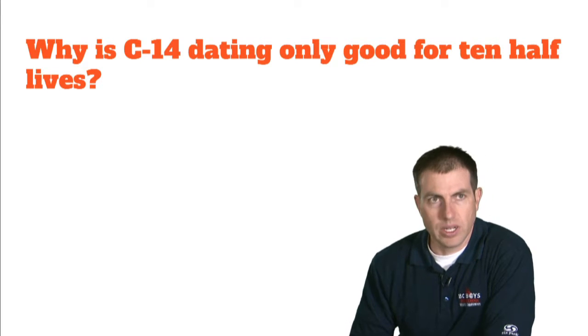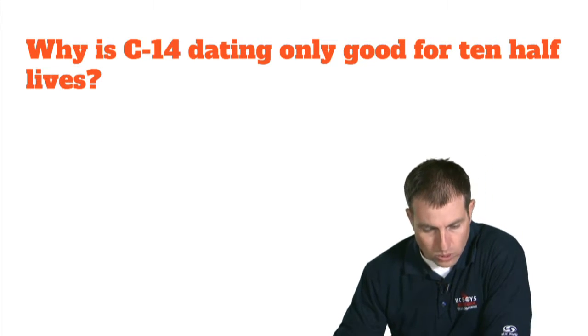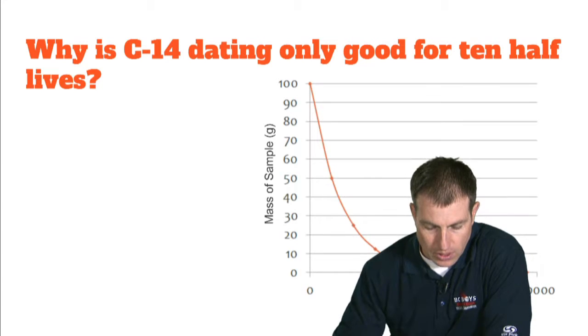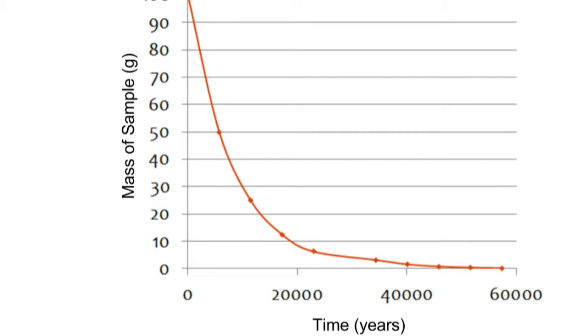So I've mentioned this already, but why is carbon-14 dating only good for 10 half-lives? We can see that this radioactive decay, this exponential decay, drops off really fast. We go from 100 to 50 to 12 and a half, 6, then we're down to 3, then we're down to 1, we're down to 0.75, and once we get down here, we're so small.